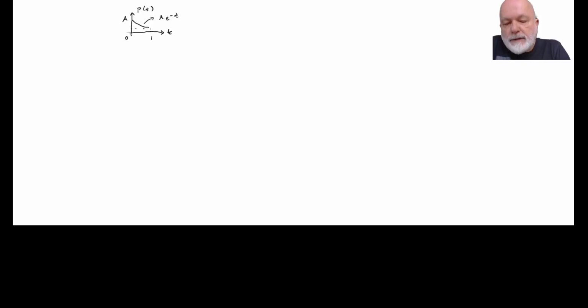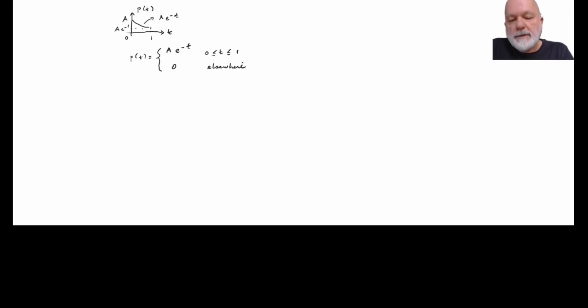Therefore, the value of the function at this point is a e to minus 1. So p of t is equal to a e to minus t for t between 0 and 1 and 0 elsewhere.